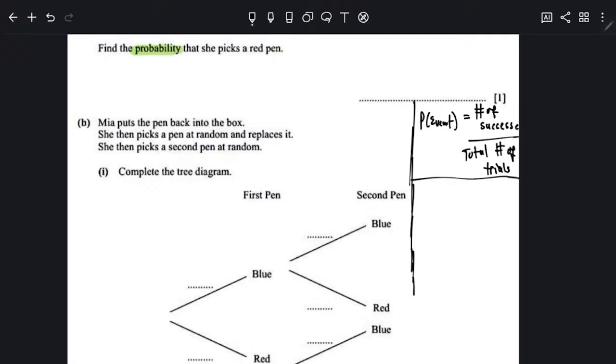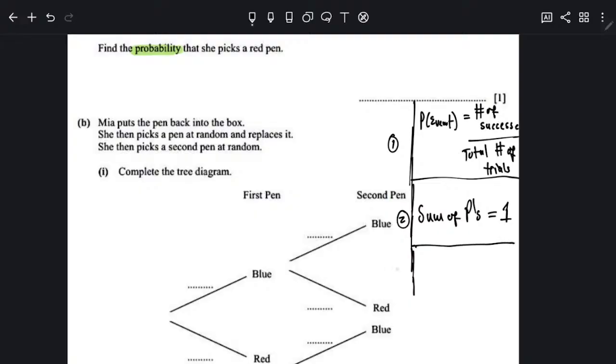That's the first one. For the second one, the sum of probabilities is 1. You also use this if they ever ask you, what is the probability of not something? You will remember that the sum of probabilities is 1.